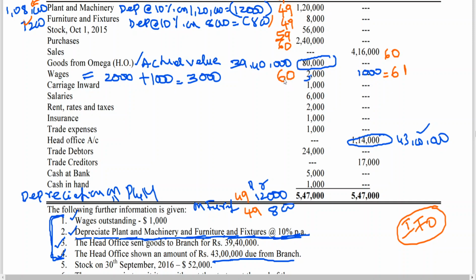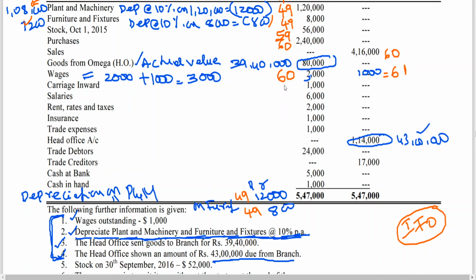So for $3,000, I am writing 60 rupees, because wages paid and payable is total expenses incurred, and the actual exchange rate is not given, so we take the average rate. When it comes to outstanding wages, it is a pending closing balance at year ending. Outstanding expenses, cash balance, debtors, creditors, they all are closing balances. For closing balances you should take the closing rate, because these are year-ending balances.